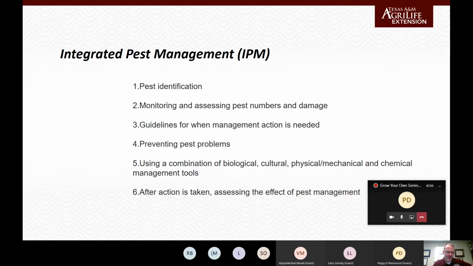And six, after action is taken, assessing the effect of pest management, evaluation of how well this worked, if the problem has decreased, and how we move forward from there.